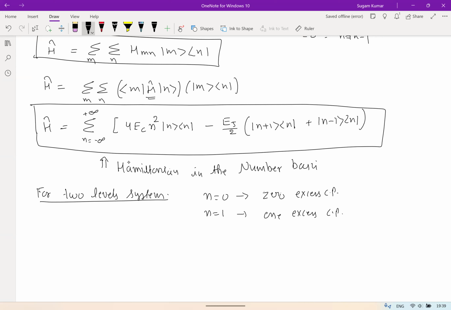So 0 excess and 1 excess Cooper pair tunneling through the Josephson junction. So only these two numbers I will take. The rest I can ignore, because n goes from minus infinity to plus infinity, and here this H becomes very simple. You can see here.